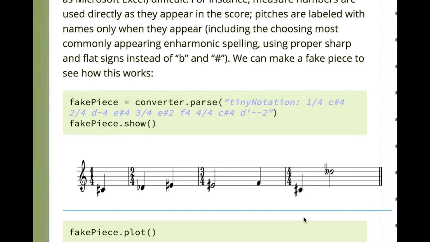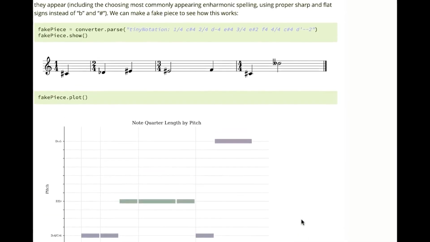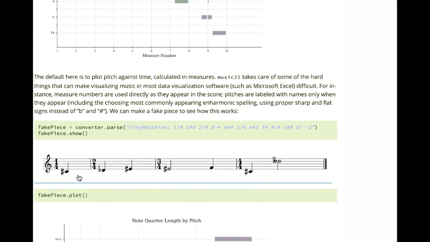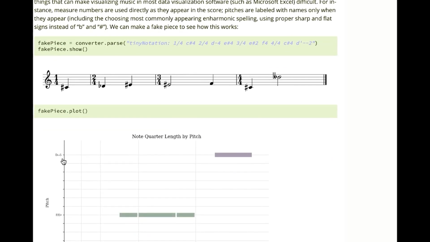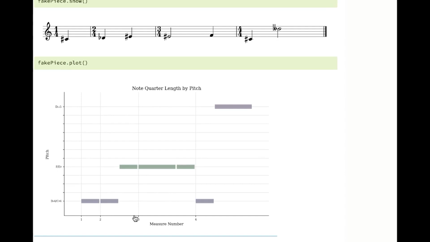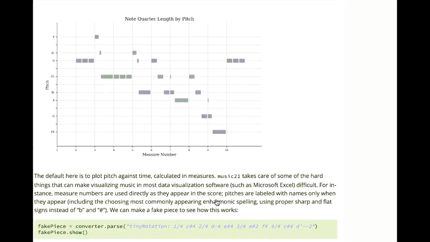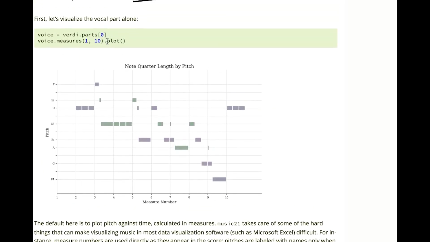For instance, here's the little example where we use some pretty weird accidentals. The only C really is a D double flat or so on, and it will put out, you can barely see it, but it will put double flat there, and if your measures are different lengths, it'll do it. So it's probably a decent thing to go ahead and call the music21 plot if you want to visualize something.